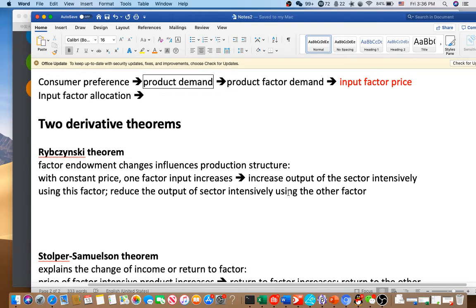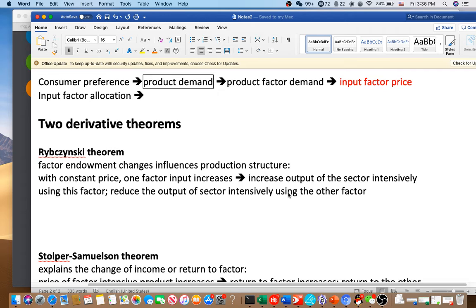Comparatively, the increment of textile production, x2 minus x1, is positive, while the petroleum production increment, y2 minus y1, is negative.